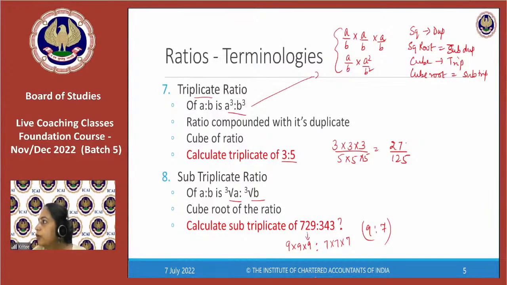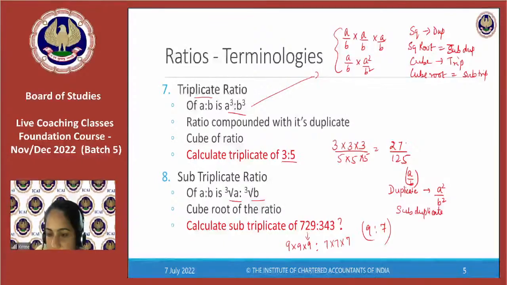Don't worry. For those who want this to be repeated, I'll repeat it. Duplicate of a ratio: if A by B is the ratio, the duplicate of the ratio is the square of that ratio, that is compounding with itself.